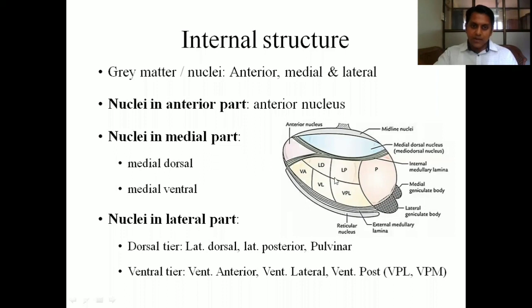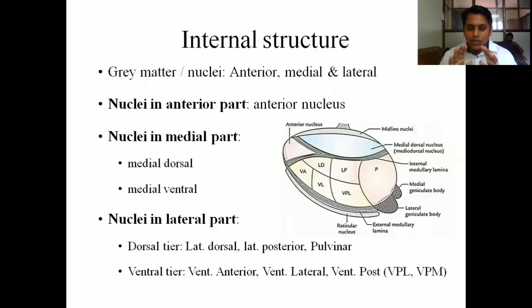The lateral part has these two tiers, the ventral tier and the dorsal tier. The nuclei are lateral dorsal nucleus, lateral posterior nucleus, pulvinar nucleus, and along the ventral tier, the nuclei included are ventral anterior, ventral intermediate or ventral lateral, and ventral posterior, which is further divided as ventral posterior lateral and ventral posterior medial. It sounds a bit complicated, but if you go according to its nomenclature, I think it's easy for you to remember the names of it.